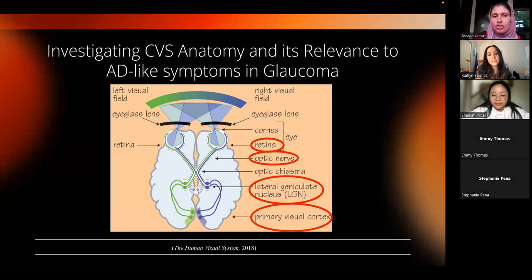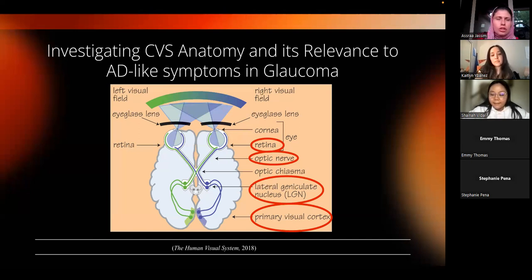Maybe just say the whole thing. And you can also say investigating the visual pathway, because this is really the visual pathway from the retina back to the visual center. Okay.